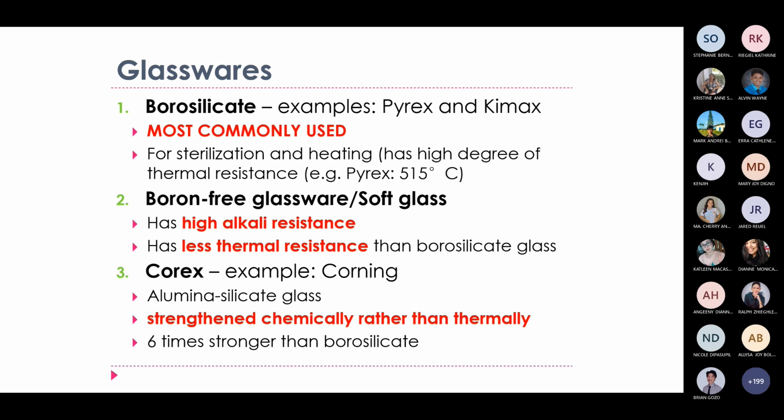And the third one is Corex. Corex is a type of aluminosilicate glass. It is strengthened chemically rather than thermally. That's why C. Strengthened chemically, Corex, C. It is 6 times stronger than borosilicate. C, Corex. Okay, next one.